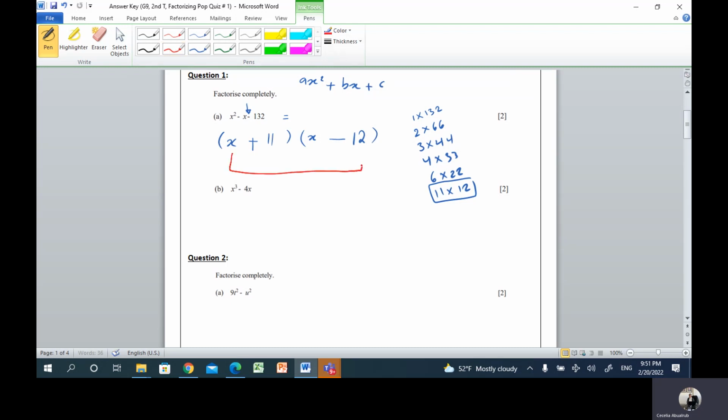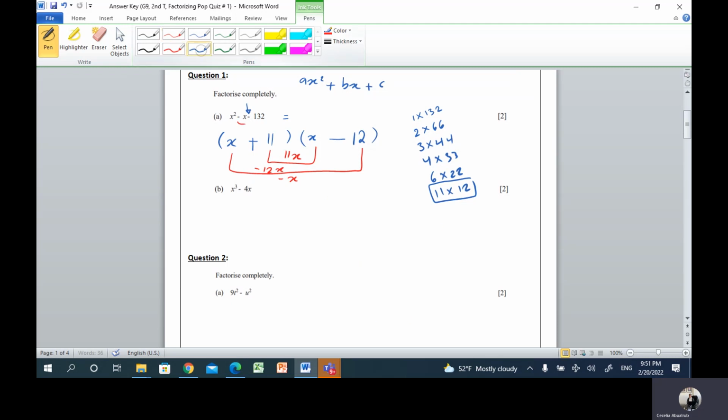So the first term in the first bracket with the last term, and the second term with the first term in the second bracket. So 11 times x is 11x, and x times negative 12 is negative 12x. And if we say 11x plus negative 12x, the answer will be minus x, which is the middle term. And that's how we know that our factorizing is correct.